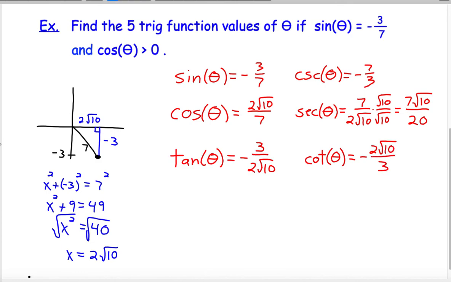No work needs to be done with that one. On this one, though, multiply by root 10 over root 10. So for our answer here, we get -3 root 10 over 20. And there we've got all the trig functions for that particular angle based on that point graphed in the fourth quadrant.